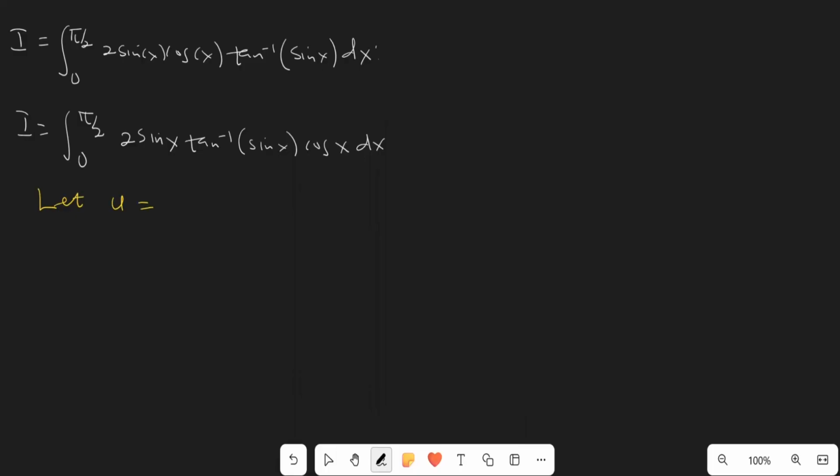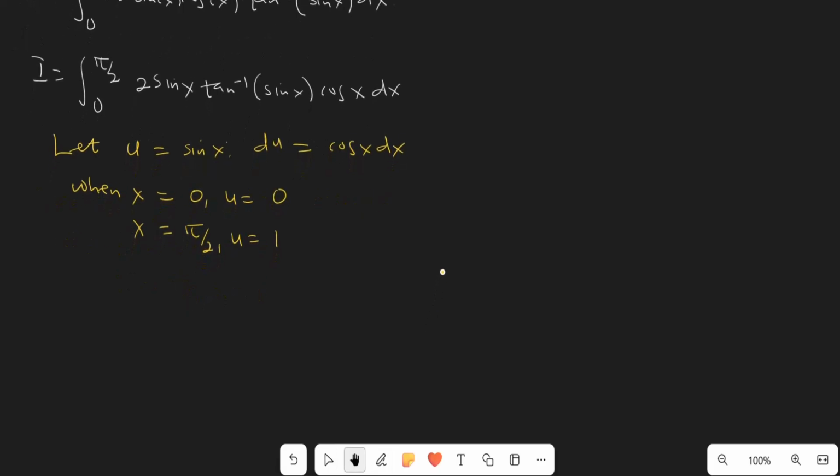We can let u be equal to sine of x. So du is going to be cosine of x dx. So in place of cosine of x dx, I can replace with du. And then the change in limits: when x is equal to 0, u is going to be sine of 0, which is 0. When x is equal to pi over 2, u is going to be sine of pi over 2, which is sine 90, which is 1.